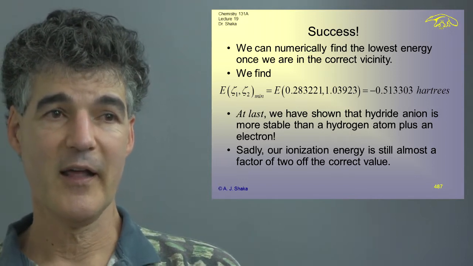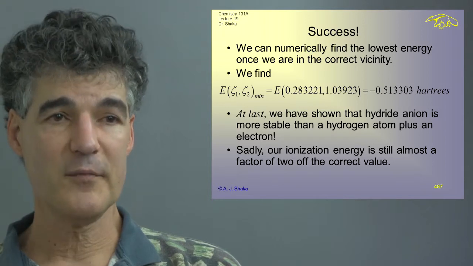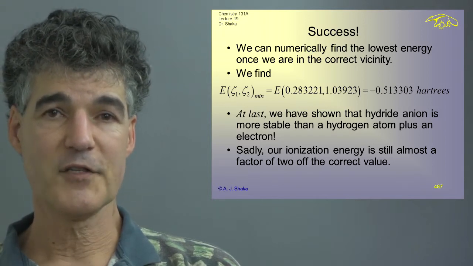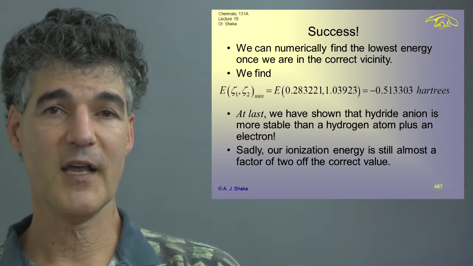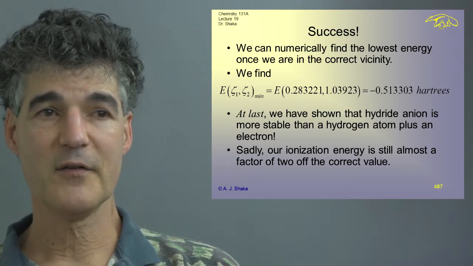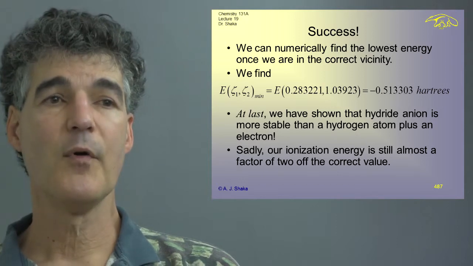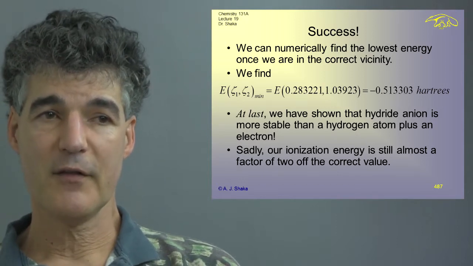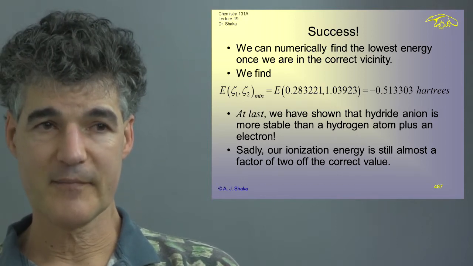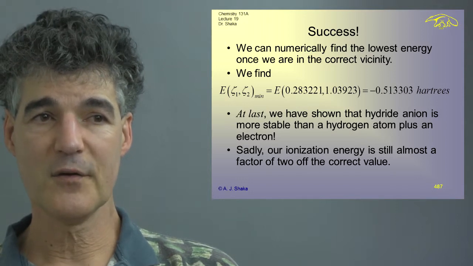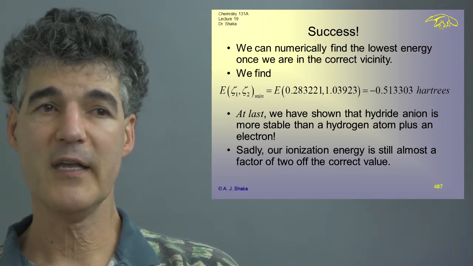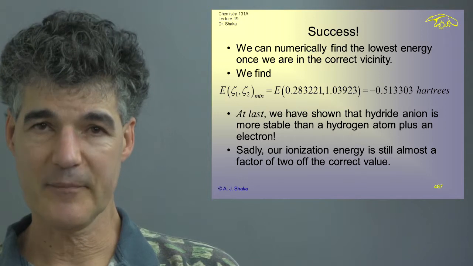We find the minimum value of the energy functional of zeta 1, zeta 2 is with values of zeta 1 of 0.283221, and for zeta 2, 1.03923.